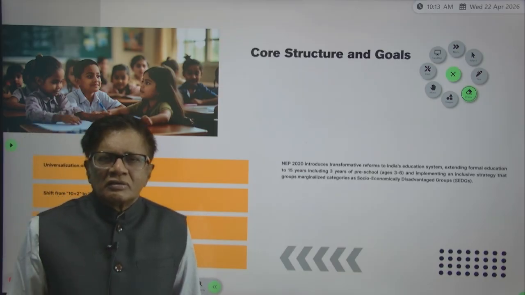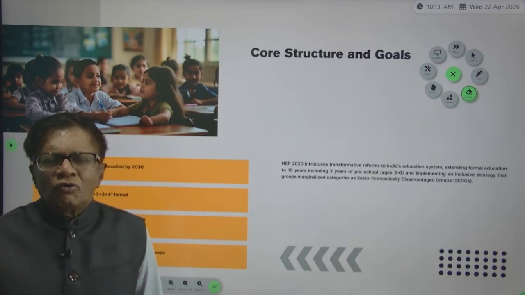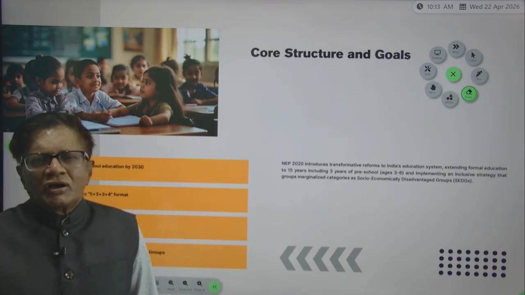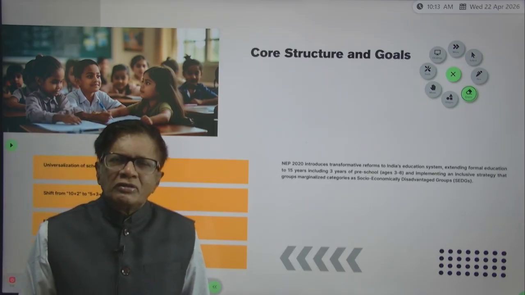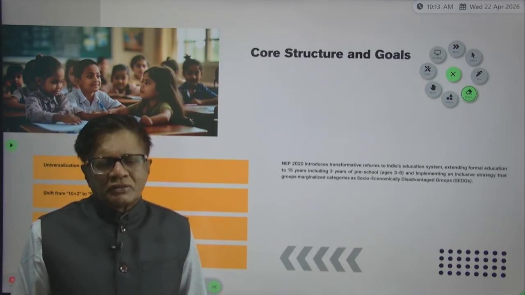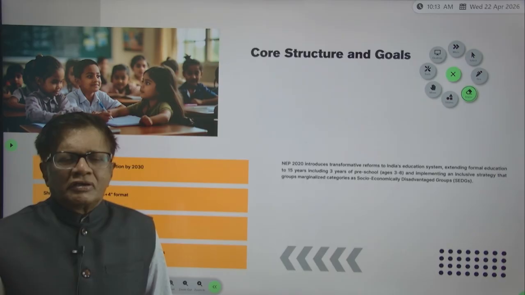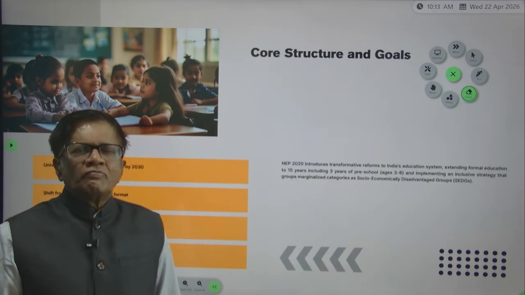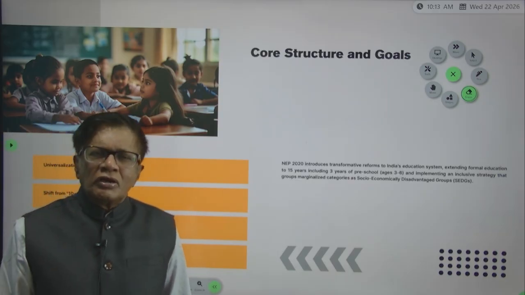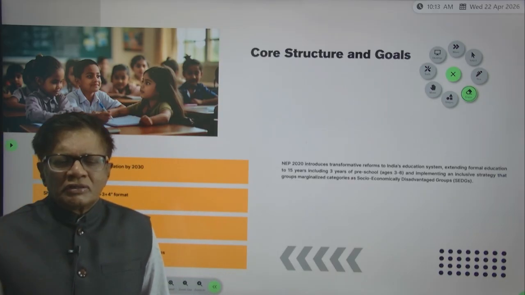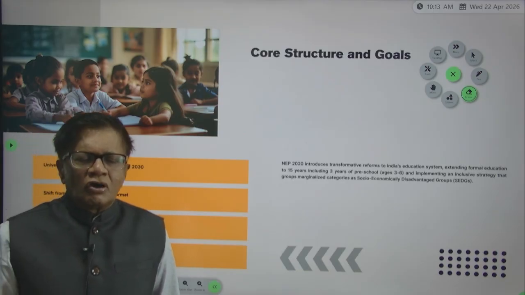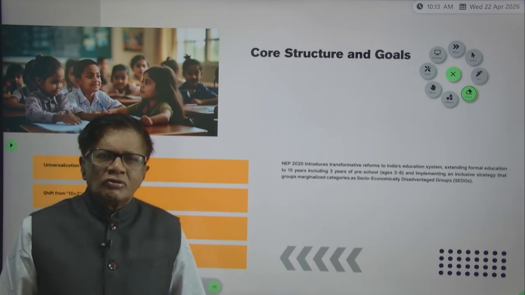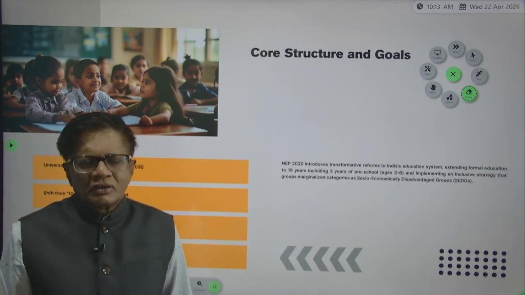Then, from the year 1984-85, a new initiative was added, which came into being through Navodaya Vidyalayas across the country for developing the leadership of brilliant students in the rural areas. So, Navodaya Vidyalaya Sangathan or Samiti is the one which looks after the Navodaya Vidyalayas across the country.